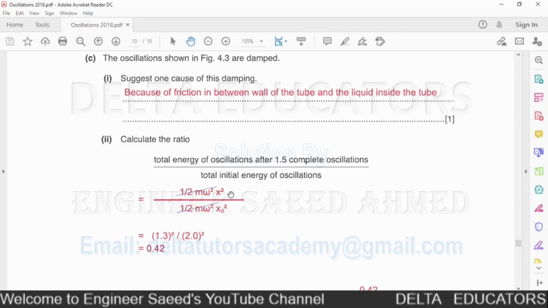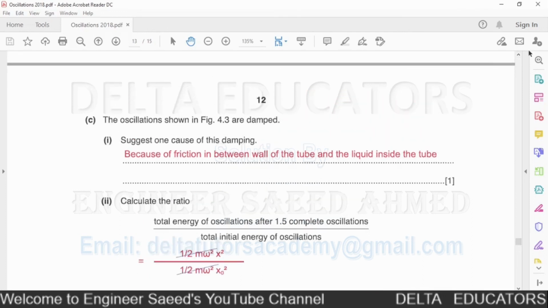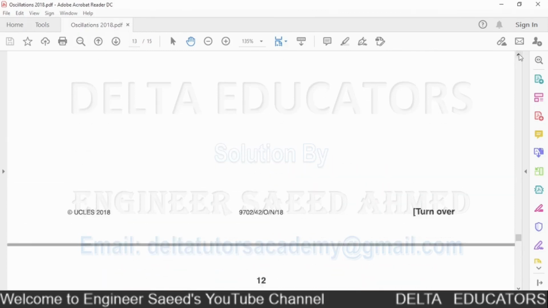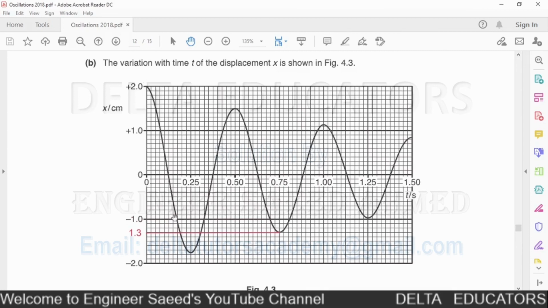Now x square is the amplitude after 1.5 oscillations and x naught is the amplitude at the start of the oscillation. Now the value of x after 1.5 complete oscillations. It is 1 complete oscillation.